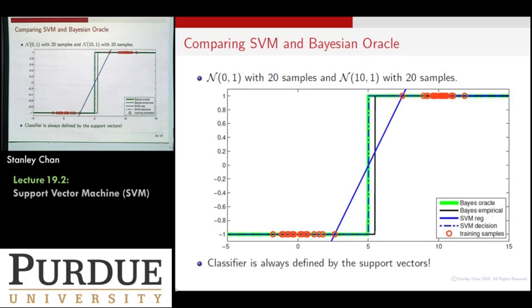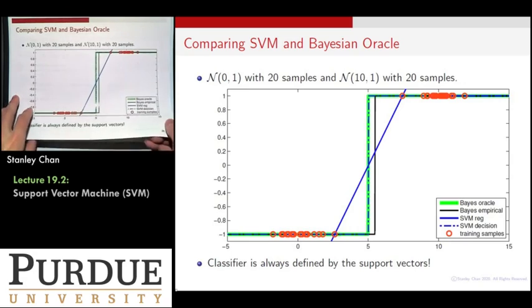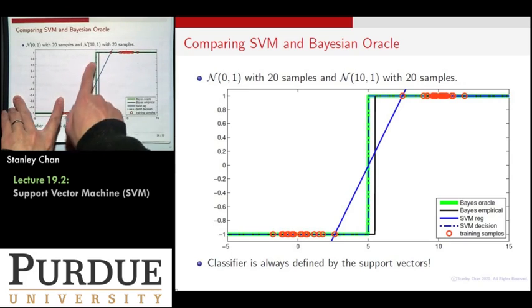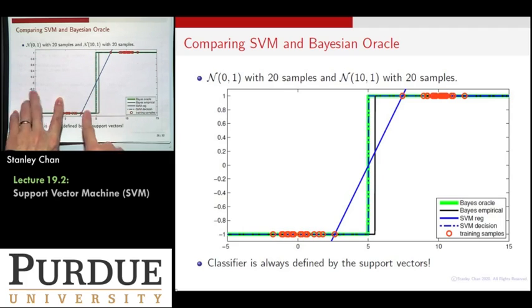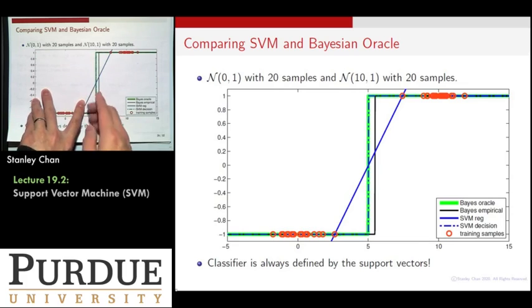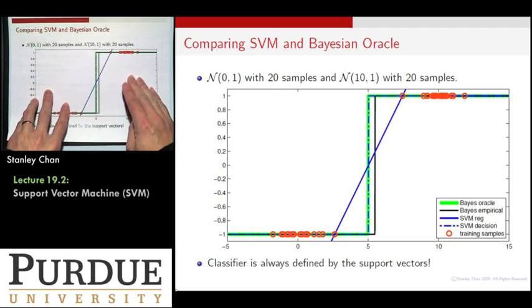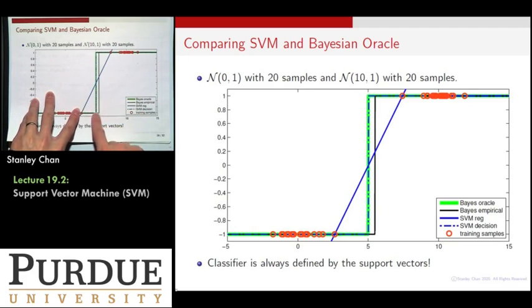This is a comparison with the Bayesian oracle, and you see that the Bayesian oracle is here, the green line. The support vector machine decision in this example is exactly the same. Now it's not always the case. You see that the Bayesian empirical is somewhat different.